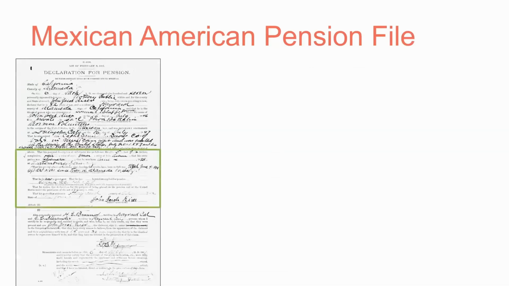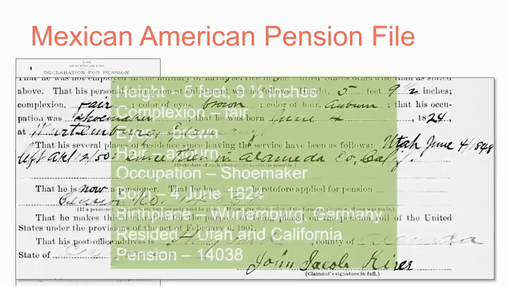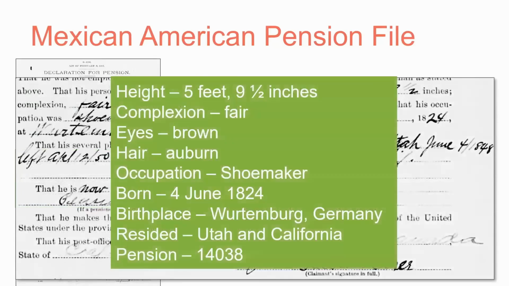And then in this bottom portion, it includes some of his physical description, his occupation, and even his birthplace and birth date. I absolutely love this record because to have a man who was born in 1824 in Germany, stated exactly where in Germany he was born, that is great information to have.